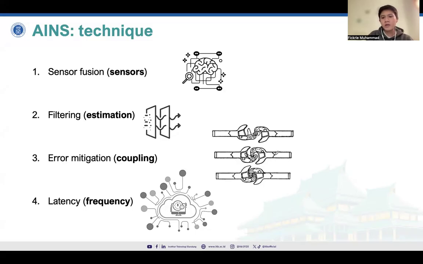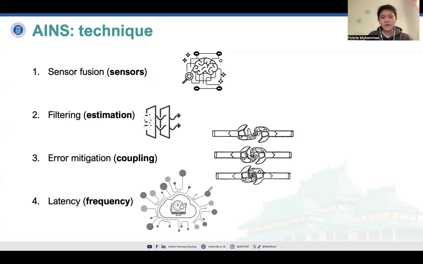For example, if it's loosely coupled, not directly tightly integrated, between INS and the APS, acoustic positioning system, then of course we'll have lesser accuracy in comparison with both systems being deeply coupled, or even more tightly coupled.